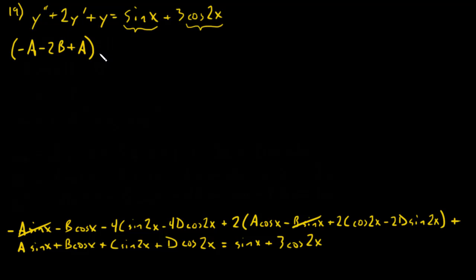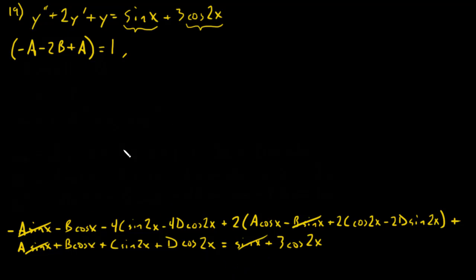And this is sine x, so it equals the coefficient right here, 1. That's not too bad. Oh wait, I forgot to cross out my sine x's. We've taken care of it.